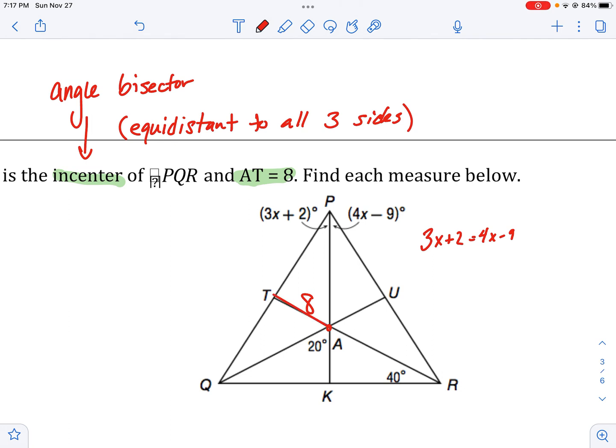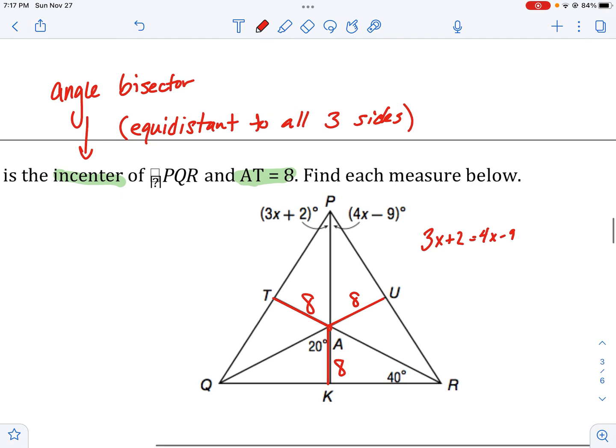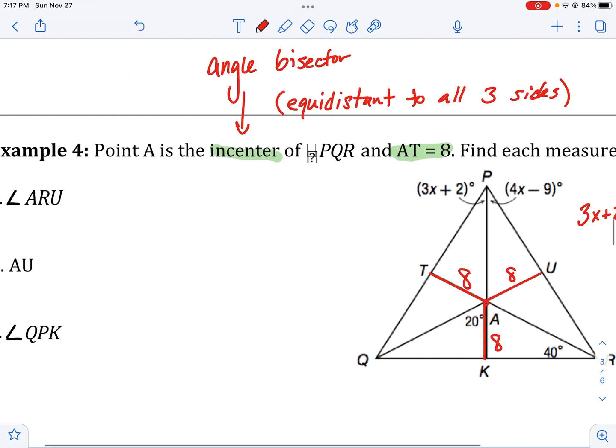So A to the side over there must be 8. Well, I've got some other segments here that are from point A to the sides of the triangle. And if that really is an incenter, then those must be equidistant. Those must be congruent segments. So AU should be 8 units long as well.